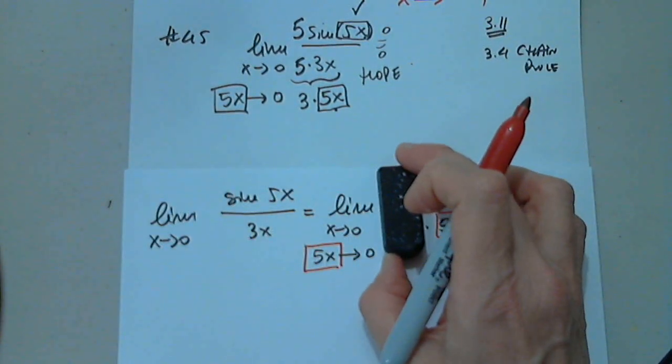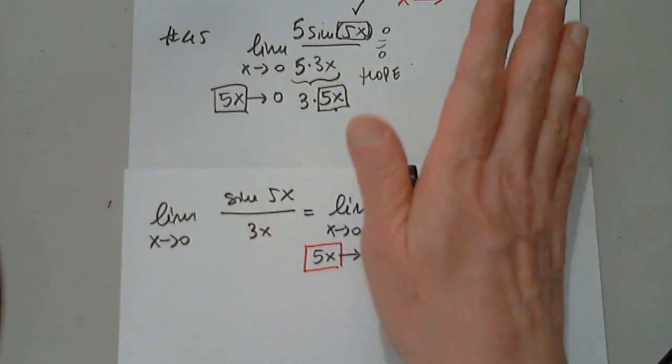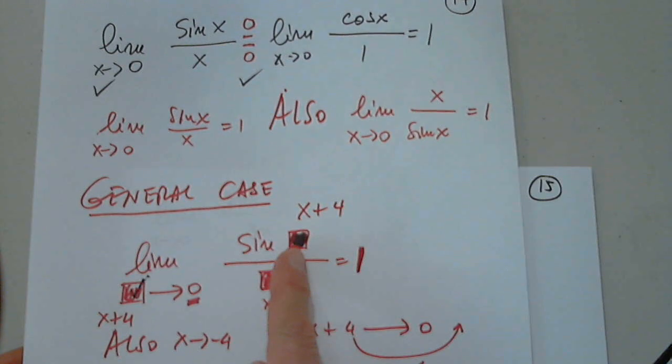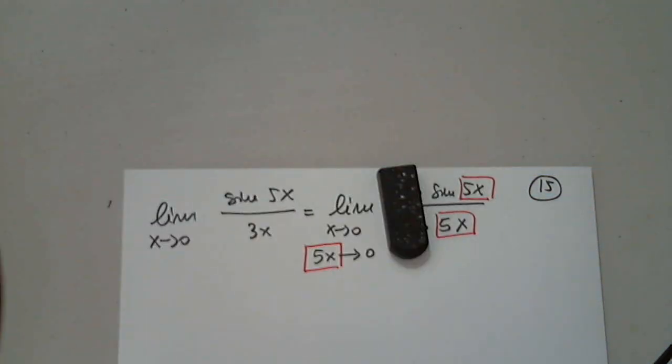If this were not here, what would be the answer? What would the answer have been? Box, box, box. What would have been the answer? 1.